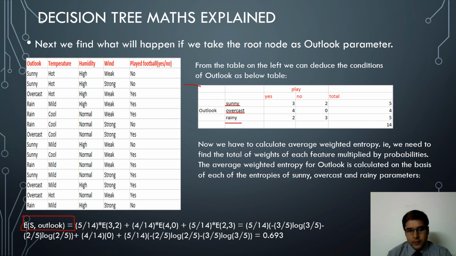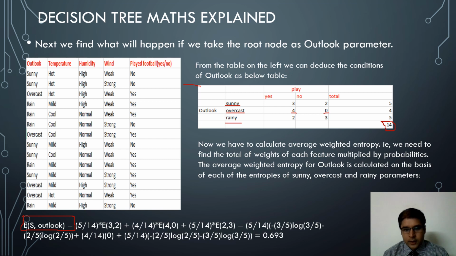For overcast there are 4 yes, 0 no's and total 4 instances, and similarly for rainy it is 2 and 3 and 5, total 14. For outlook is the number here. So outlook is in 14 cases. I mean it is basically the total number of rows in the main table.